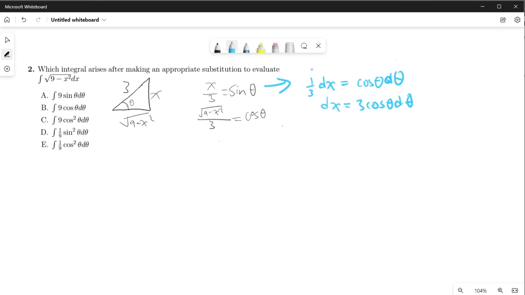That's what we can sub for dx, and we can sub the square root of 9 minus x squared for 3 cosine theta. So here we can just sub these two back in with theta, then it would be 3 cosine theta times 3 cosine theta d theta, which will result in answer choice C, 9 cosine squared theta d theta.